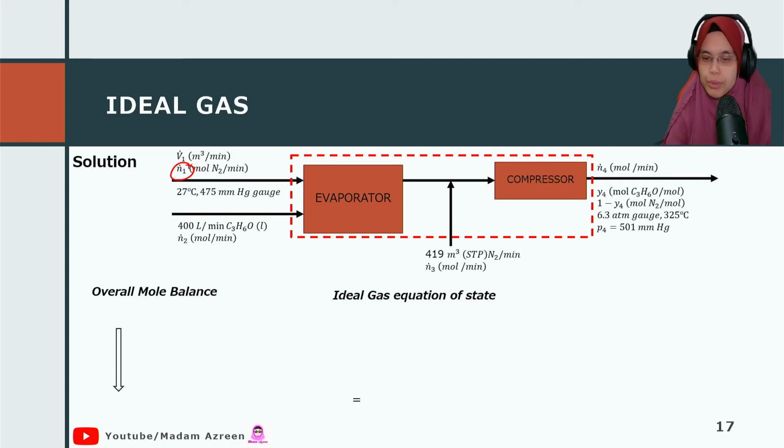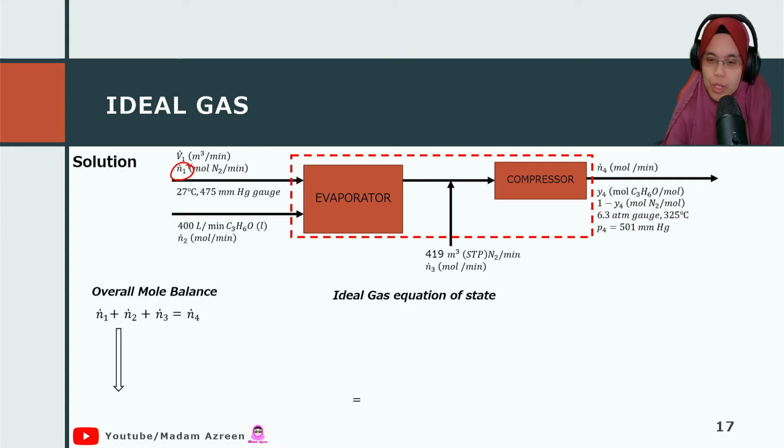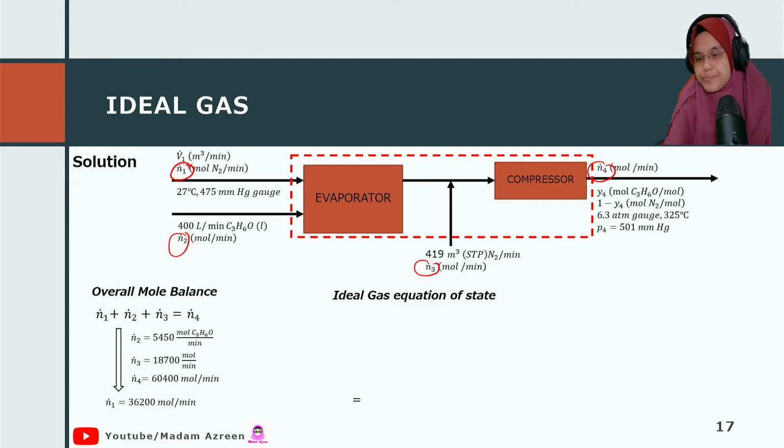So input equal to output. We have N1 plus N2 input plus N3 input equal to N4 output, and we have all the values of N2, N3, N4, so we can straight away get the value of N1.